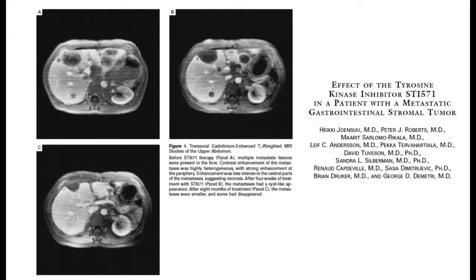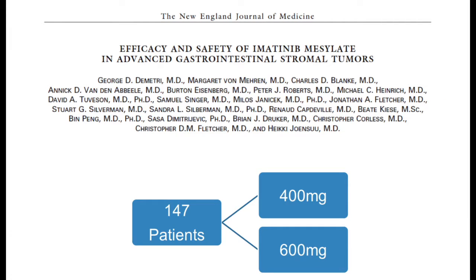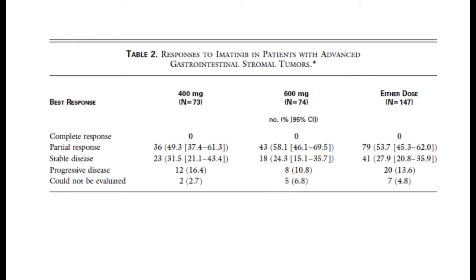So this began the Gleevec era and the era of targeted therapies for GIST. This led to the registrational trial, which actually got the medication approved, and it was about 150 patients and 2 different doses of Gleevec. And people responded phenomenally well. More than half the patients were responding, but overall about 80% of the patients were seeing benefit.